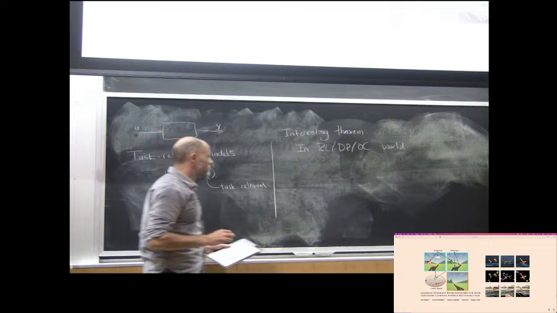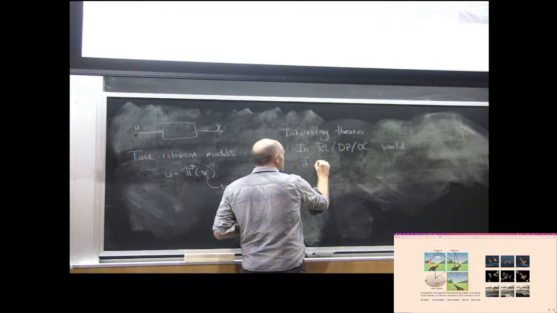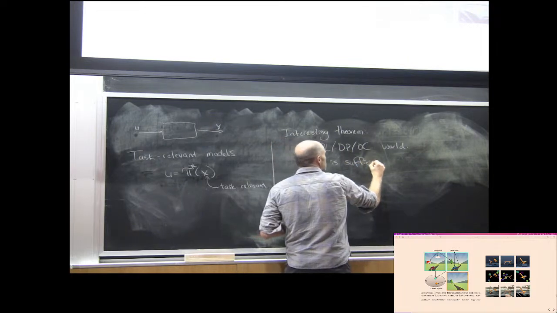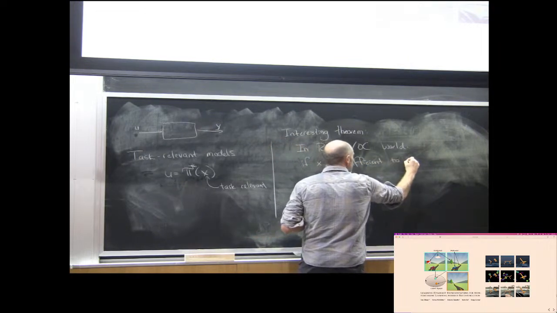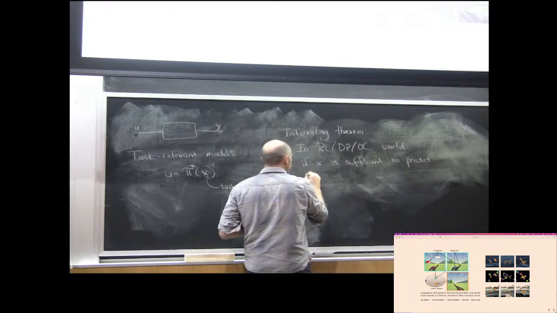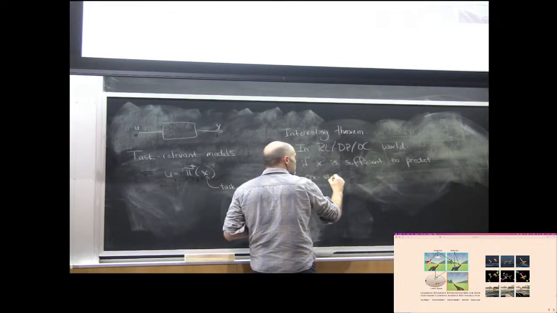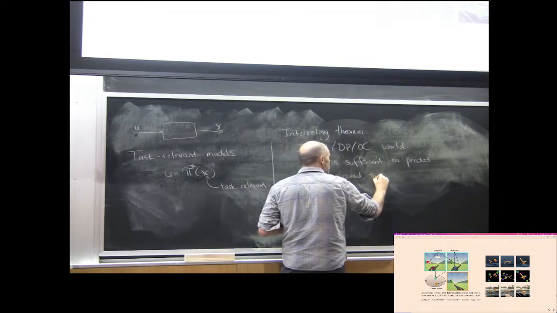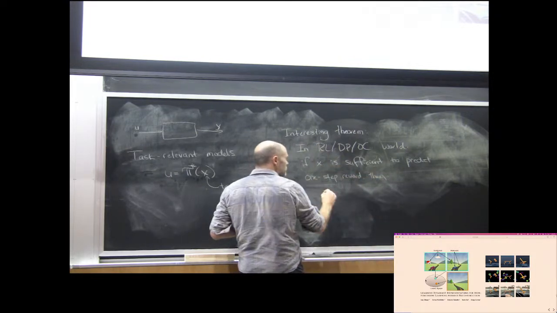That's pretty cool, okay? If X is sufficient to predict the one-step reward or cost, then it's sufficient for this problem.